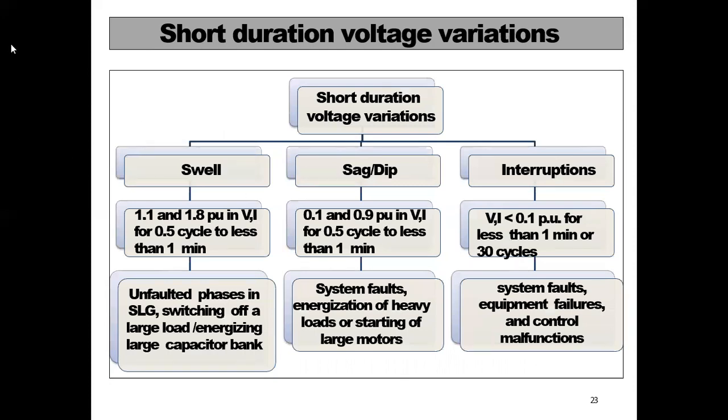The short duration voltage variations are classified into a number of sections. That is swell, voltage sag or dip, and interruptions.